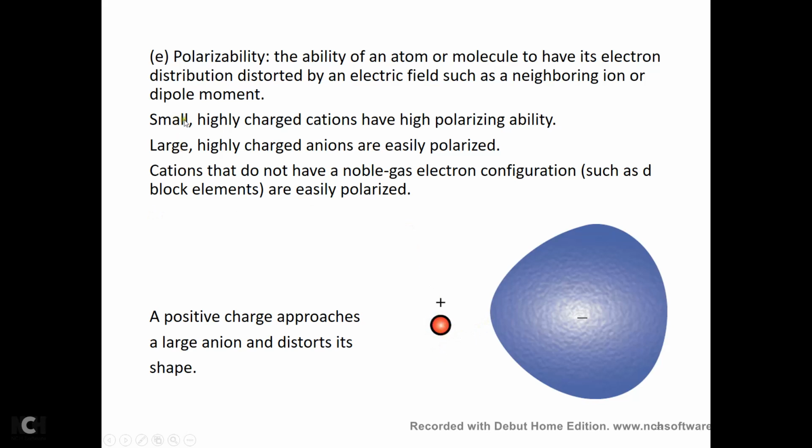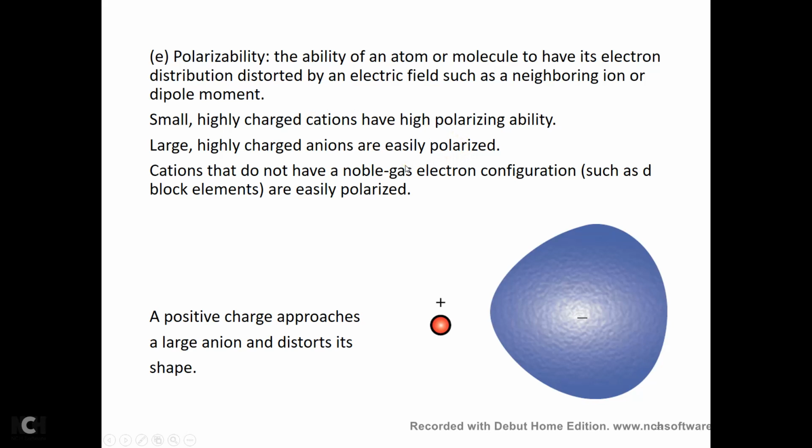In general, small, highly charged cations have high polarizing ability, so they can polarize other atoms or molecules. Large, highly charged anions are easily polarized, so fluoride can be easily polarized.